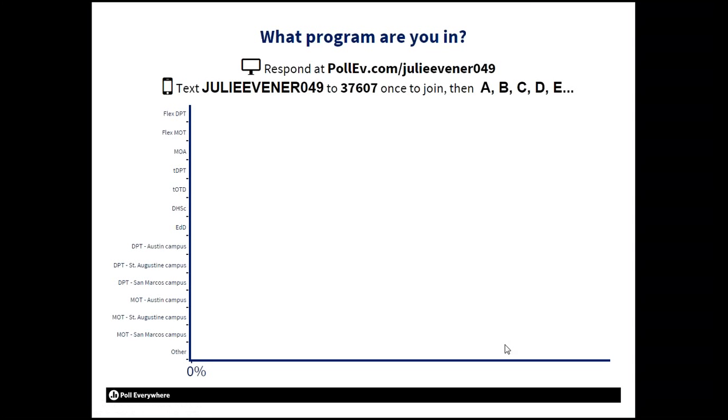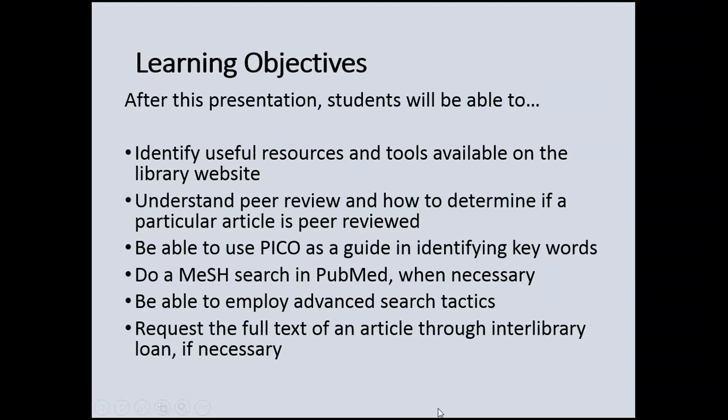We're going to start off with some learning objectives to get an idea of what we're going to be covering tonight. We're going to talk about identifying useful resources and tools available on the library website. This is a little bit of review from the basic library webinar, but also introducing a few more tools that I didn't go into detail on in the basic library webinar. We're going to talk about understanding peer review and how to determine if a particular article is peer reviewed.